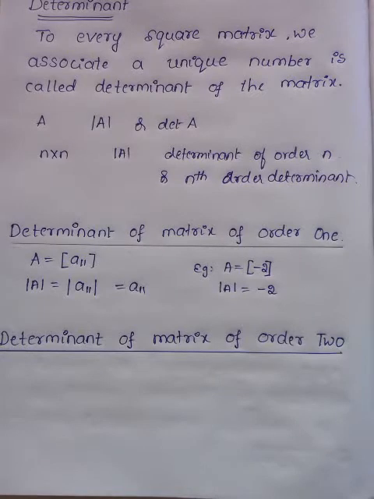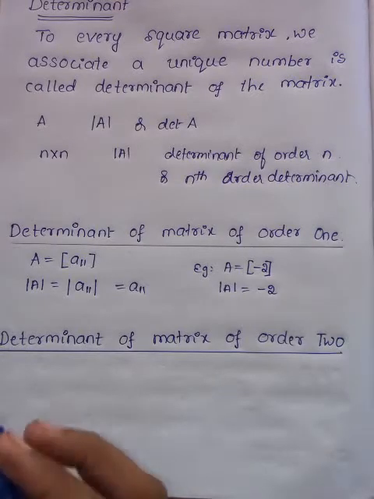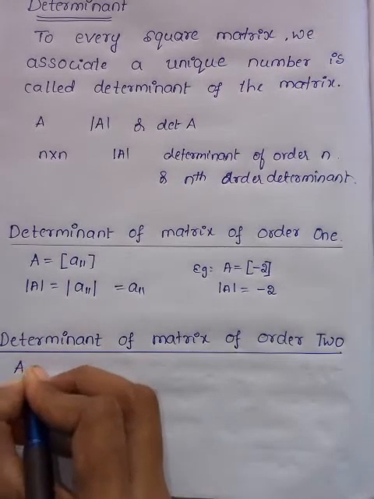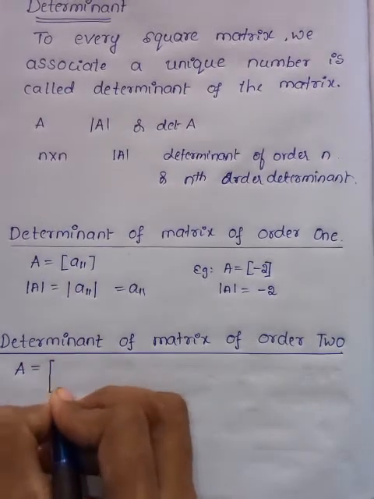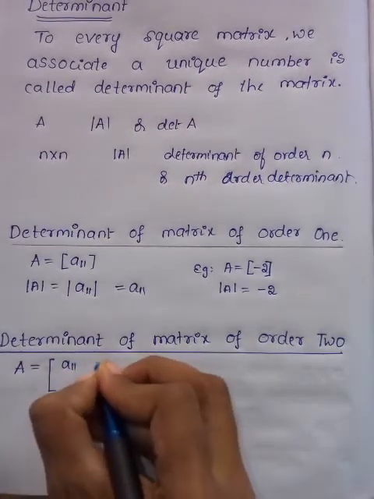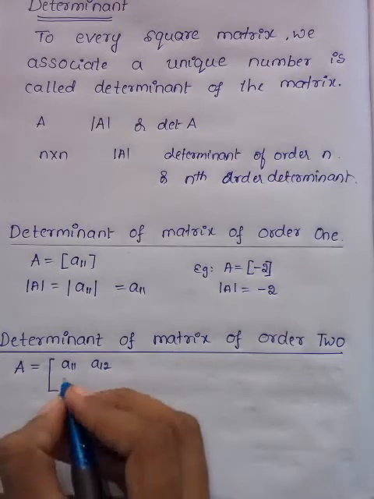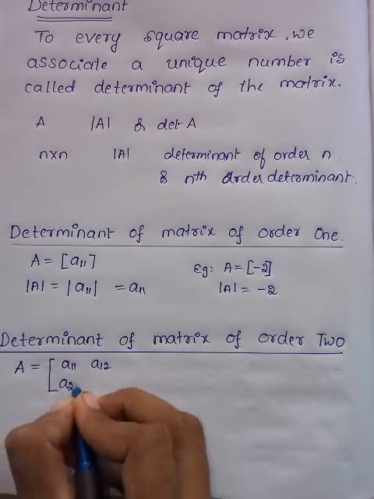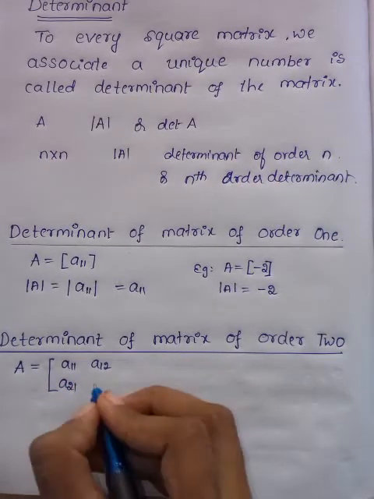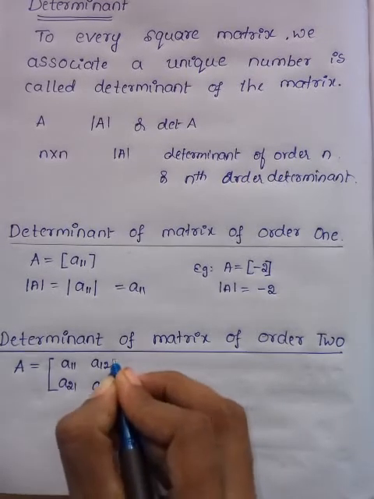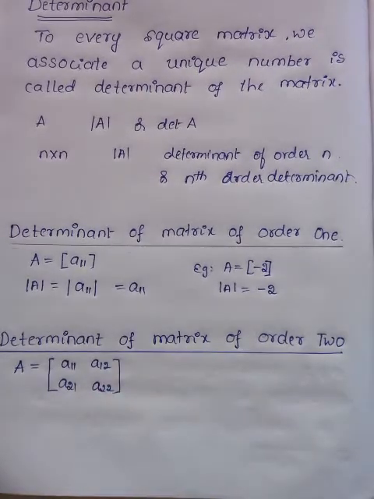Determinant of matrix of order 2. Consider 2 by 2 matrix, say A is equal to A11, A12, general matrix, A21 second row, first column element, A22 second row, second column element. This is a 2 by 2 square matrix.